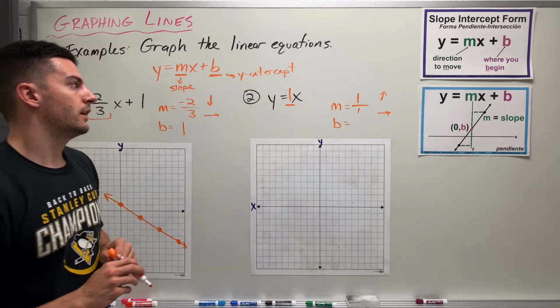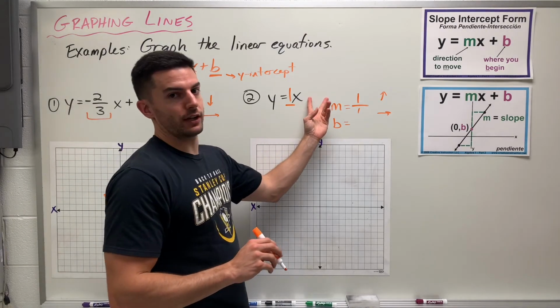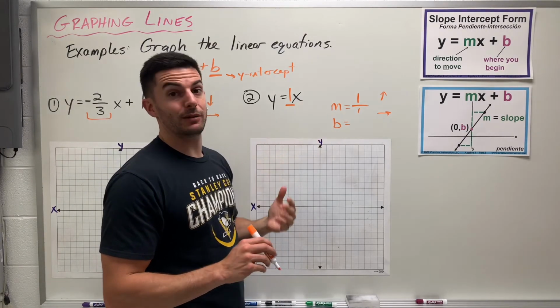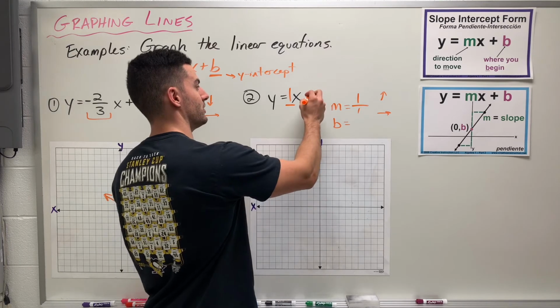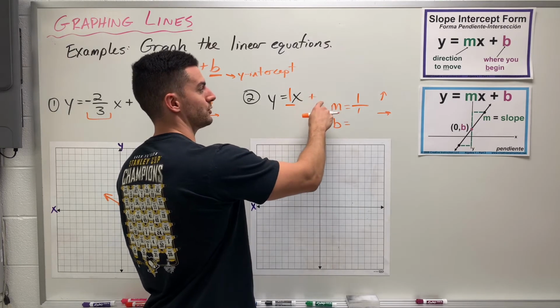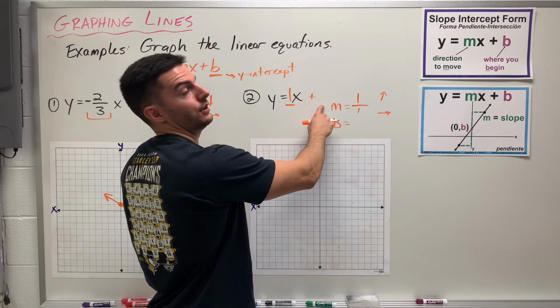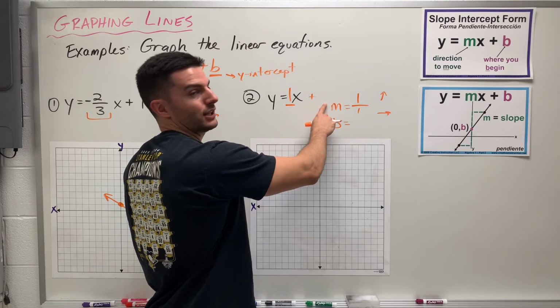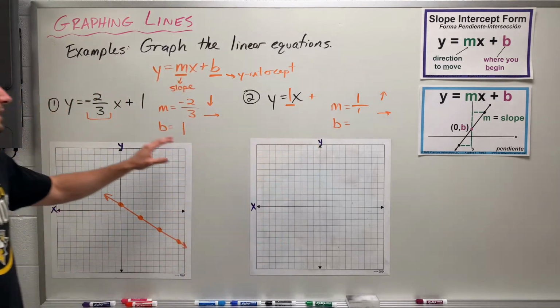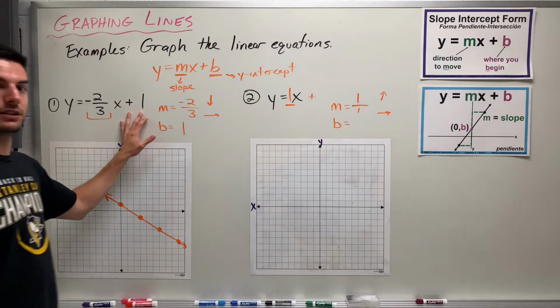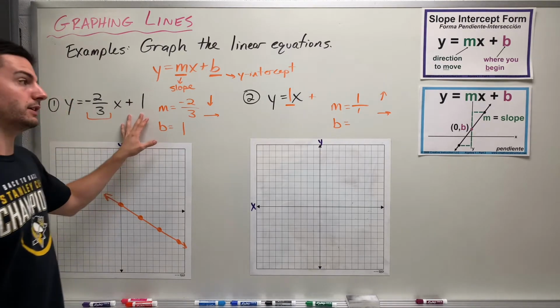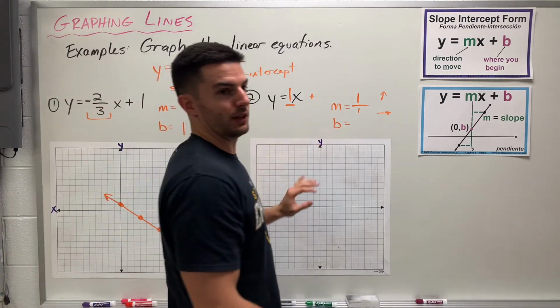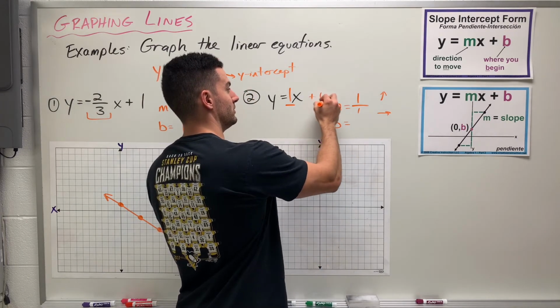Okay, and then you might be saying, what's my b value? My b value is not going to be 1, right? Because that's an actual value, a number being added or subtracted onto the x. If I said plus 1, that's a value that is significant. It would be shown to you, like it is for number 1 here. But the value that wouldn't need to be shown would be 0, right?